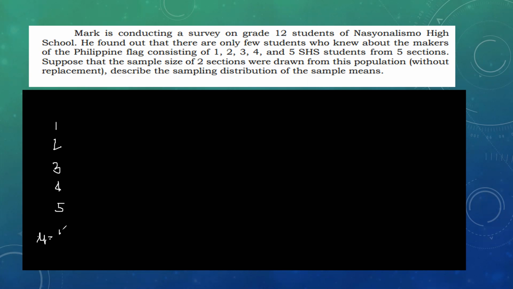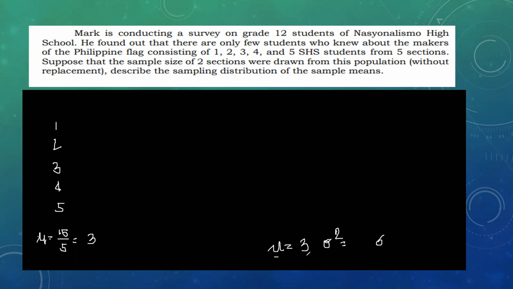So that will be 15 divided by 5. That will be our mean, which is 3. Okay po. So nakuha na natin. Ang unang-una natin nakuha is our mean is 3. Okay. So we have to look for our variance and also our standard deviation.